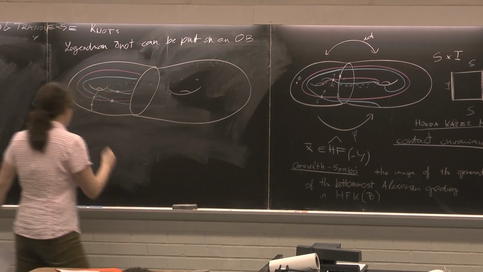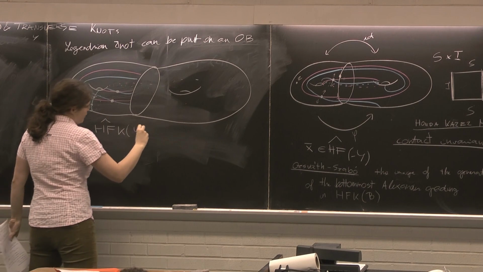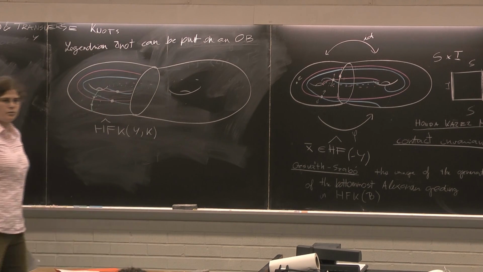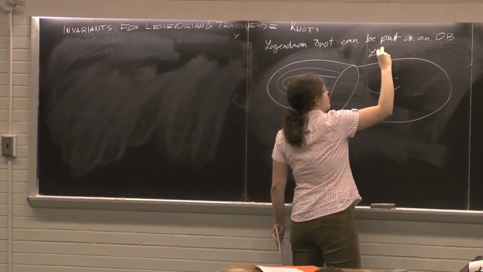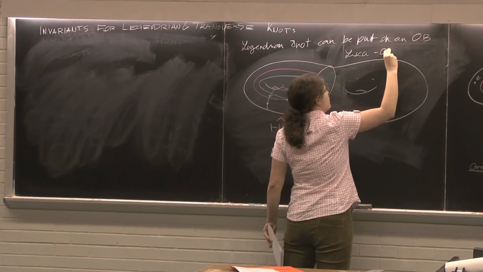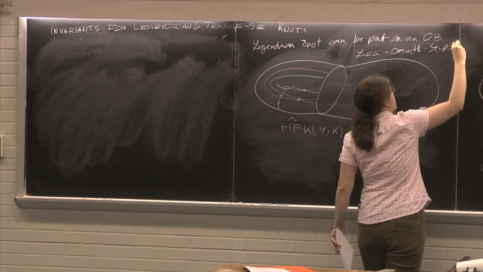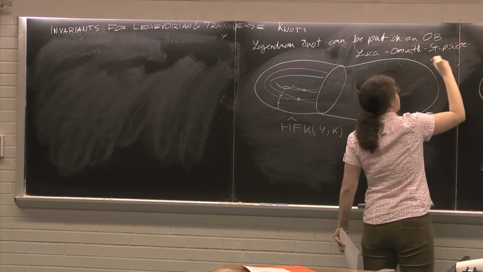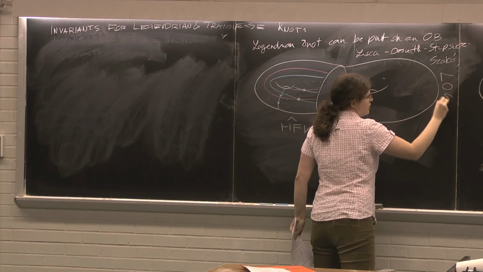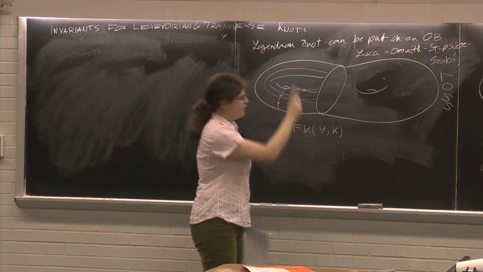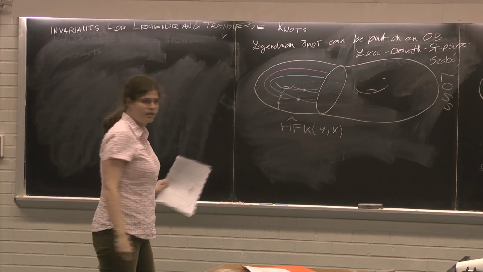So it defines an element in the Heegaard Floer homology of my manifold, symmetrical with respect to K. This version was given by Lisca, Ozsvath, Stipsicz and Szabo, and it's usually called the LOSS invariant because of their first letters.